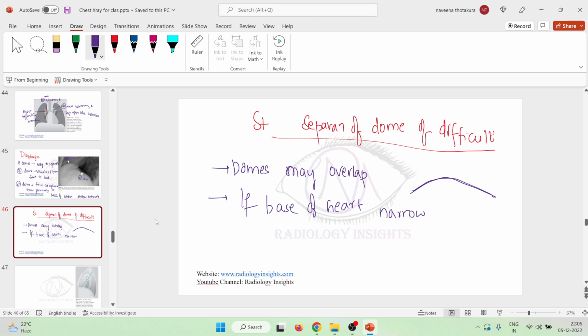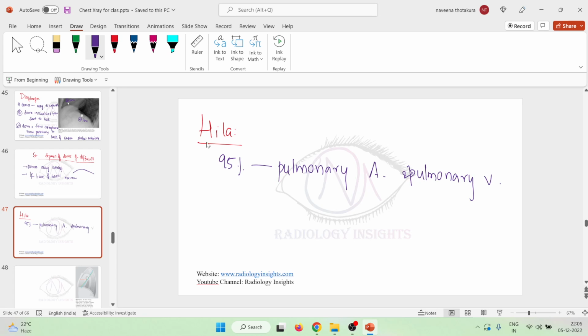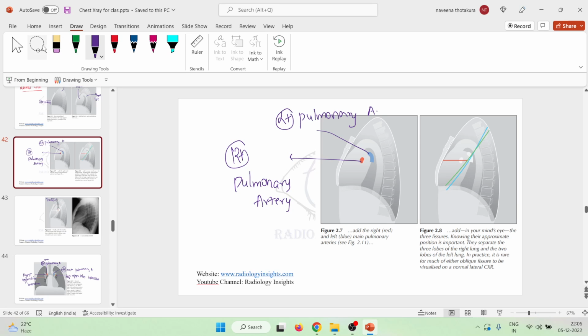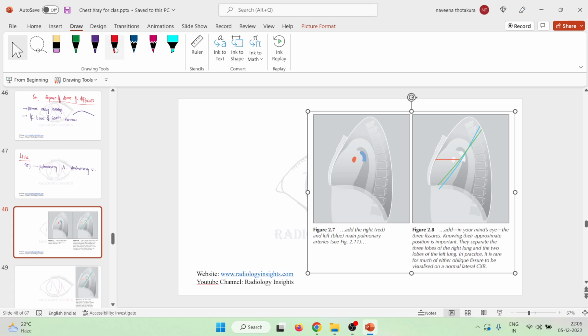Then in the lateral X-rays, we have the hila. In the hila, 95% of the time you will see that the pulmonary arteries and pulmonary veins are seen at the hila. So if you see this picture, here you can see the main pulmonary arteries.